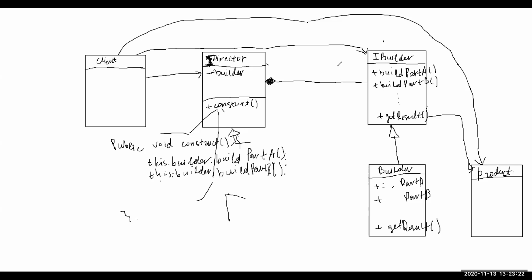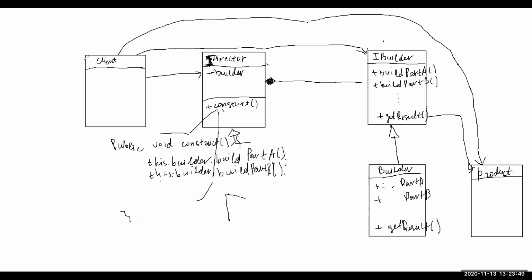So you can have, this is a tea builder. This is a tea maker. And the tea builder gives you all the ingredients like the water, the tea, the sugar, the milk. And the sugar tea director will only call the parts that are needed. The milk tea director will call all the methods that are needed.